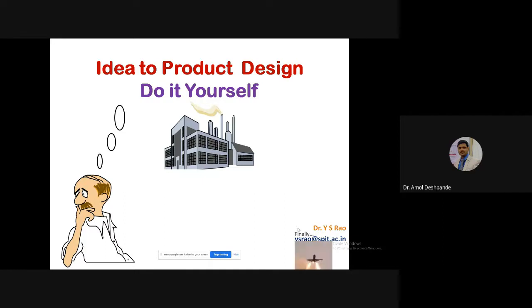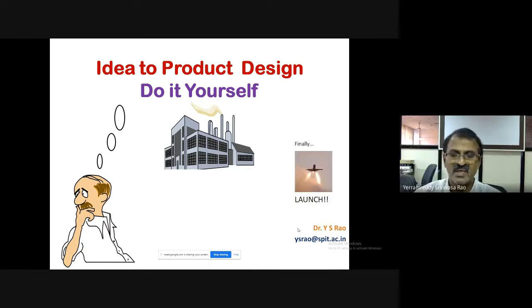Okay, so let me summarize what we covered today as far as my session is concerned. I'm not sure how many of you have a background in circuits, electronics or telecommunication. But even if you are from mechanical or civil or any branch, finally a product is a product.